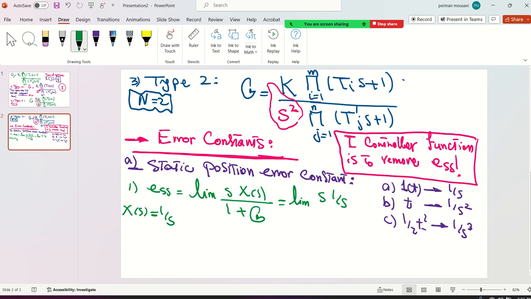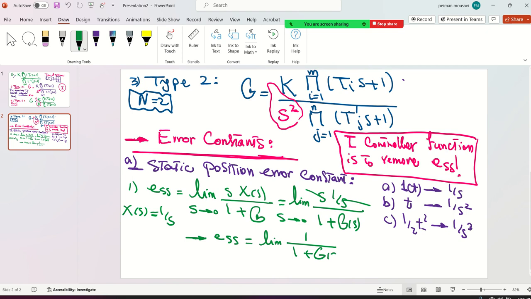I'm speaking generally for any system: 1 plus G of S, when S goes to 0. This S with this S goes away. You get that ESS is the limit of 1 over 1 plus G of S when S goes to 0.